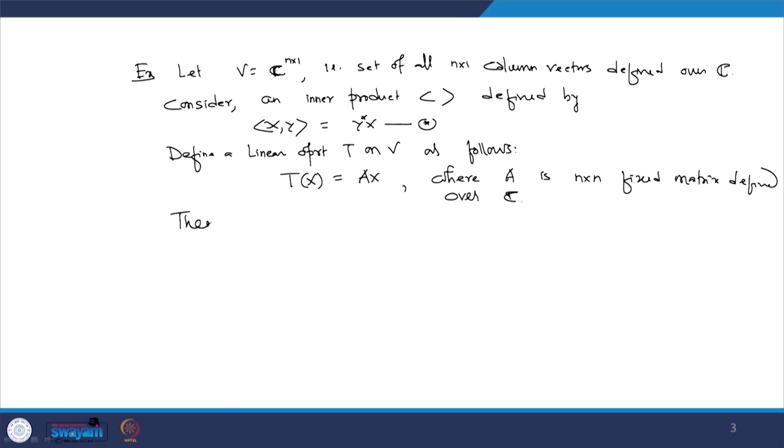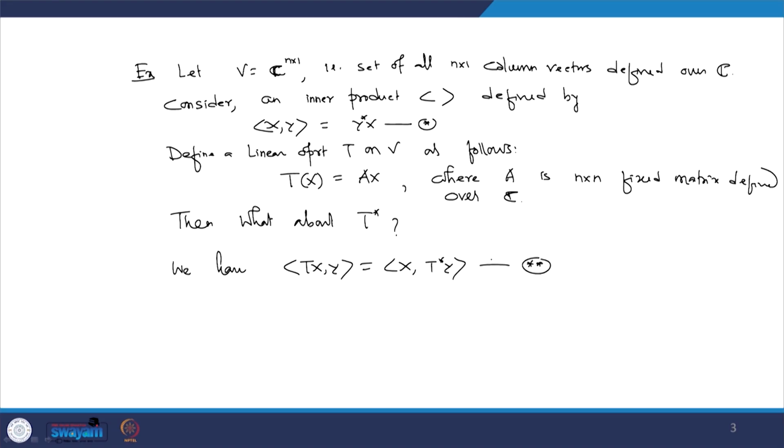Then what about T star? I mean to say, how is T star defined over the space? Certainly T star will exist because V is a finite dimensional inner product space, but how T star is defined, that we have to see. According to the definition, for any x and y, the inner product of T x and y equals the inner product of x and T star y.